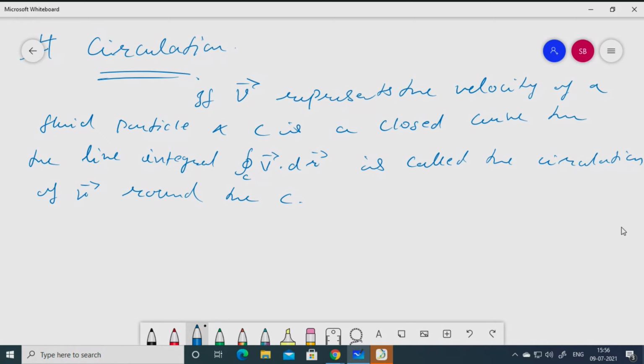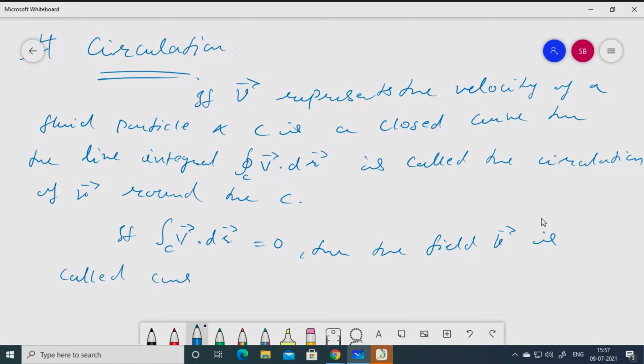So if I say the value of this integral of v bar dot dr bar is 0, then the field v bar is called, what will it be called? It is called conservative. Vice versa, I mentioned it is called conservative.